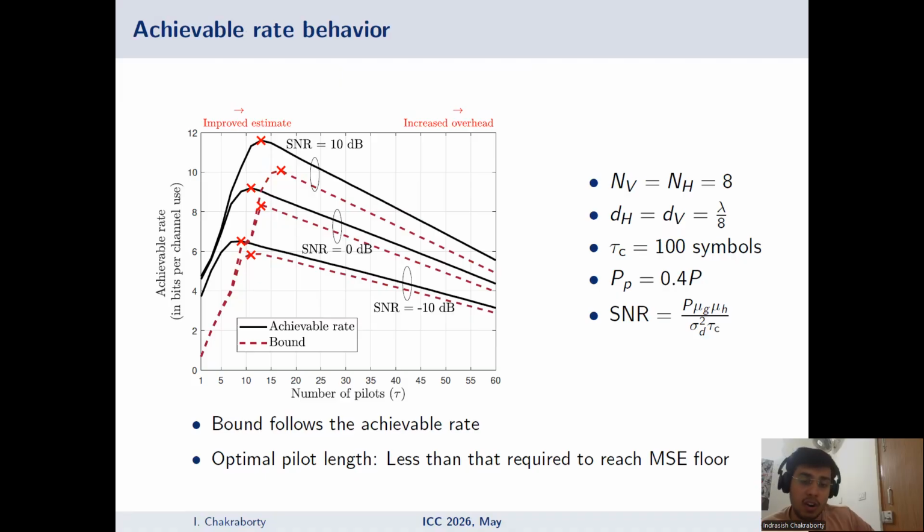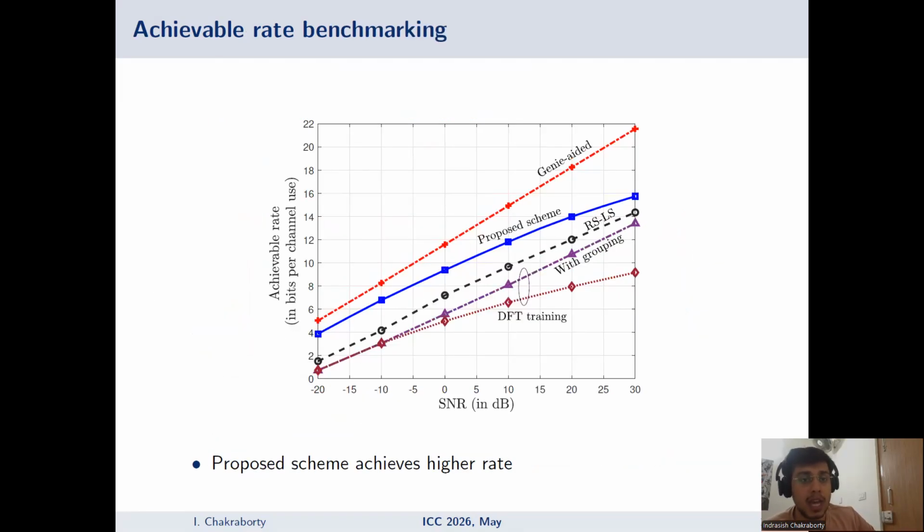Now we claimed a lot of things here, but now we have to put ourselves to the test. How do you perform among the other existing schemes? That's what we need to see next. So that's where we benchmark it. Here we optimize the pilot power and data power allocation, and we benchmark our scheme with the Genie-aided scheme, RSLS, and the DFT training scheme with and without grouping.